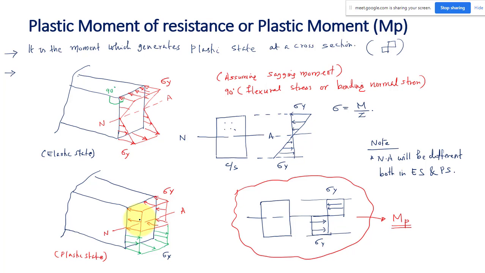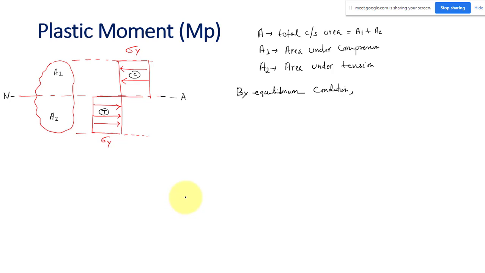If you see the forces acting at the cross section, I have the compressive stress and the tensile stress. If you multiply the compressive stress sigma y, a uniform value, by the corresponding area A1, the area under compression, you will get the compressive force. Similarly, if you multiply the tensile stress by its area, you will get the tensile force.